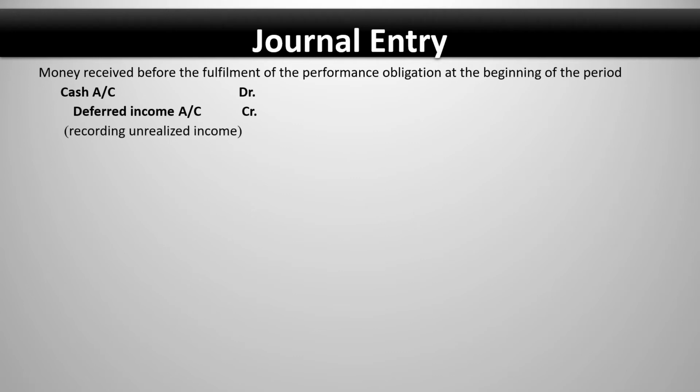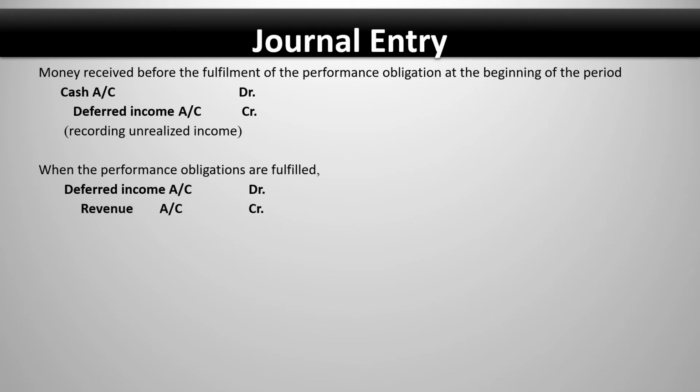Then, when the performance obligation is fulfilled, we transfer that income from the deferred income account by debiting the deferred income account and crediting the relevant income account.